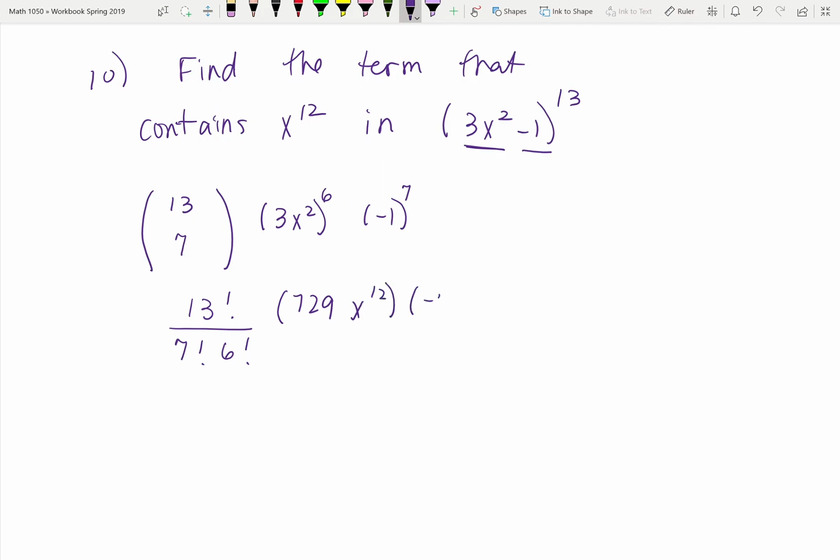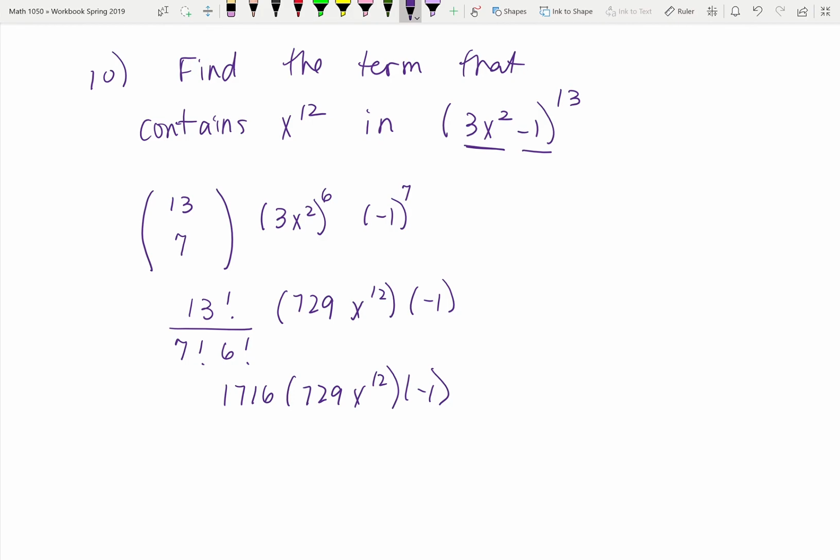And negative 1 to the 7th is a negative 1. So let's find that factorial stuff. Everybody go 13, PRB, right, enter, divided by parenthesis, 7, PRB, right, enter, 6, PRB, right, enter, and I get 1,716. That's going to be multiplied by 729 x to the 12th times a negative 1.